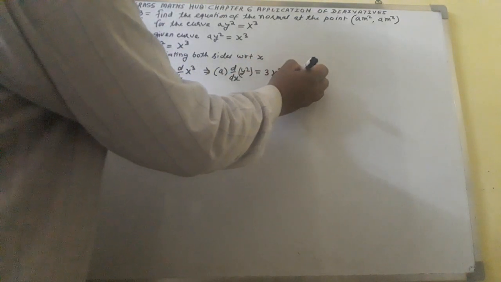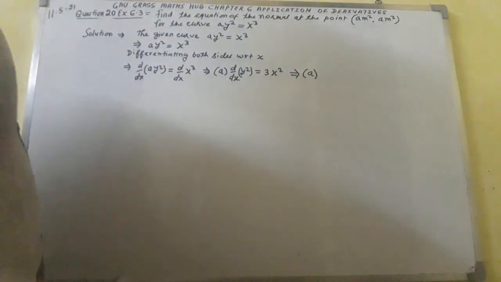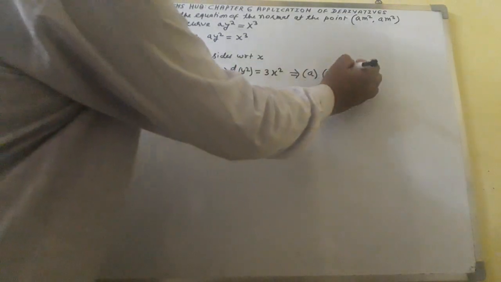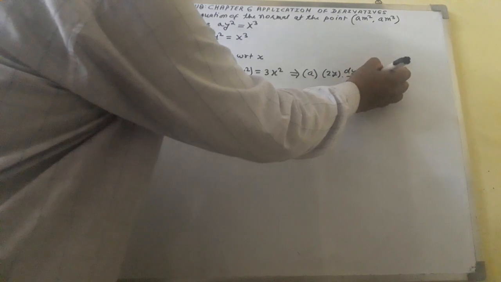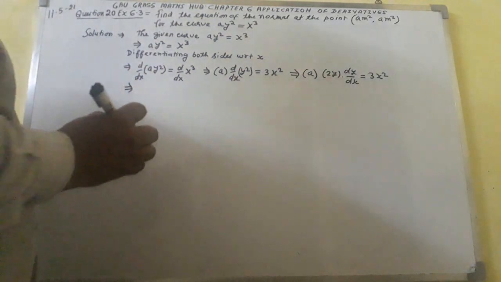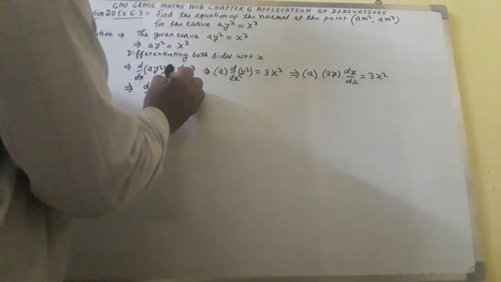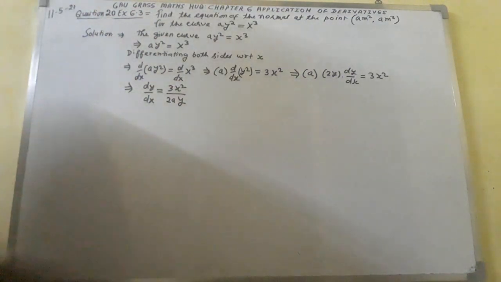Again, I shall write a, d over dx of y² comes out to be 2y dy over dx, equal to 3x². So dy over dx equals 3x² over 2ay. This we have got.